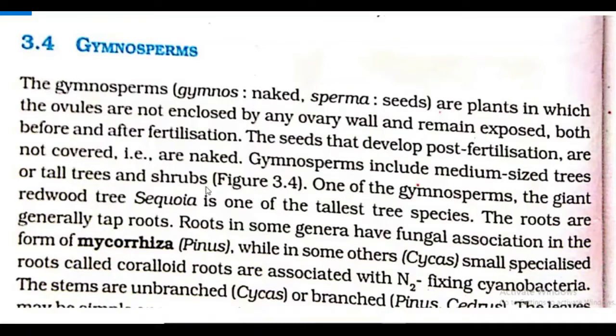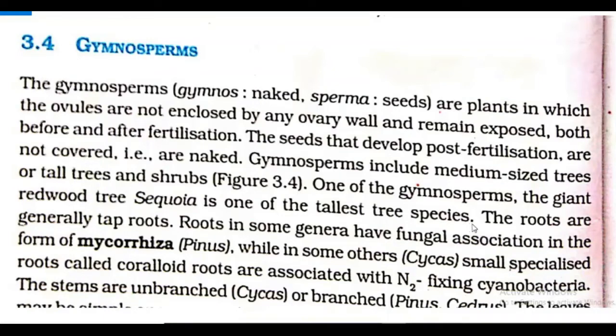One of the gymnosperms, the giant redwood tree, Sequoia, is one of the tallest tree species. It's a very important point, you have to underline that. This question can be asked: which is the tallest tree species coming under gymnosperms? What is its name? Yes, the giant redwood tree or Sequoia.